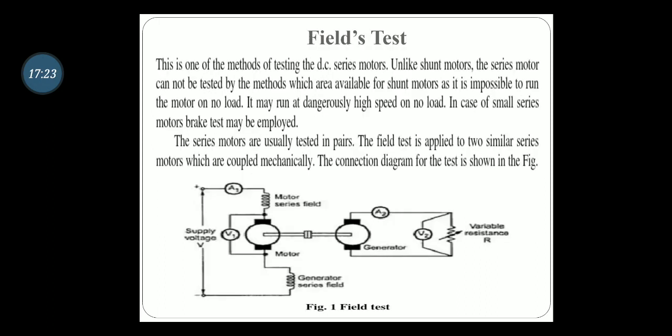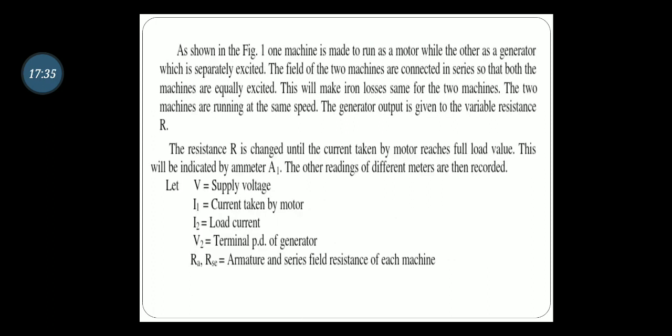Why are the series field windings of these two machines connected in series? Because both machines are excited equally. This makes the iron losses the same for the two machines. The two machines are running at the same speed. The generator output is given to the variable resistance R.